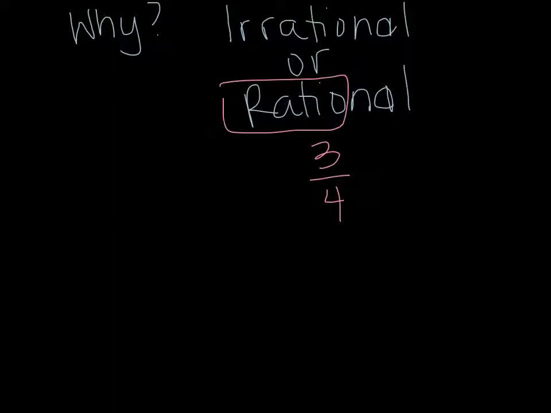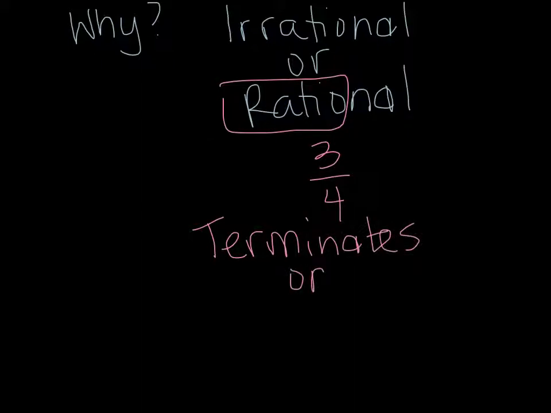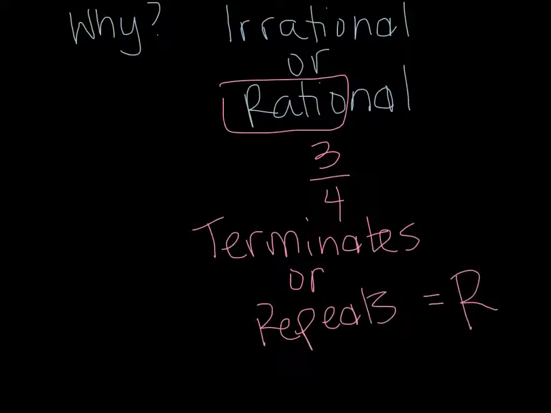So any number that terminates or repeats is going to equal a rational number. Any number that's the square root of a non-perfect square, that's going to be irrational. We don't know what's going to be next. Okay, so you're going to need to be able, in words, to explain why something is rational or irrational.